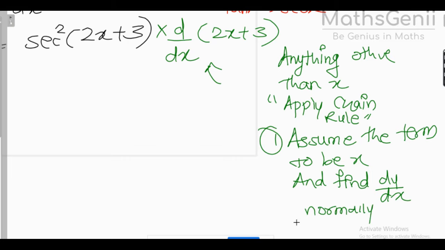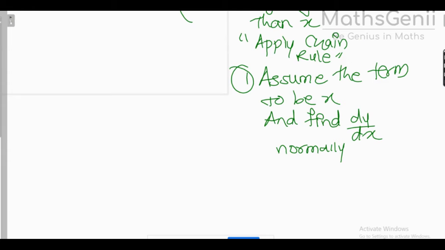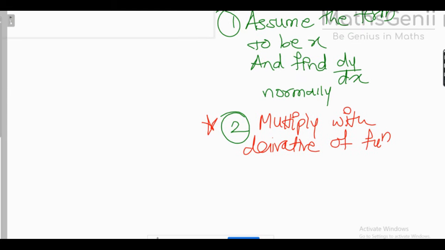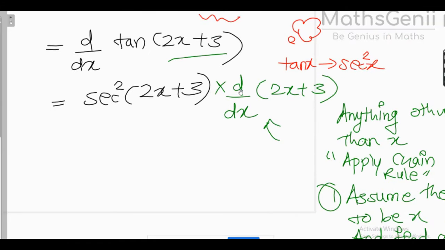Then multiply it by the derivative of the function assumed as x. This is the most important step. As we did here, we multiplied by the derivative of the function assumed as x.